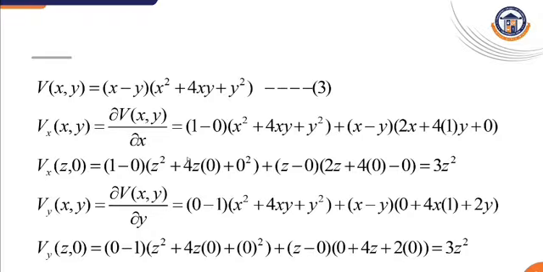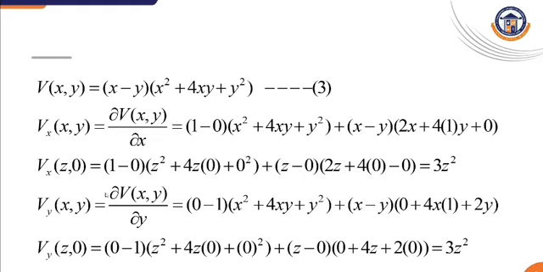So we substitute: 1 minus 0 into z square plus 4 times z into 0 is 0, and 0 square, and next z minus 0 plus 2 times z plus 4 times 0 plus 0. The entire simplification gives us only 3z square.